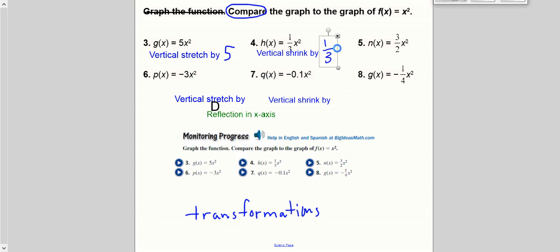All right, write down what you think the answers are to the rest of these. And pause your video. Write down your answers, and then unpause to check your answers.